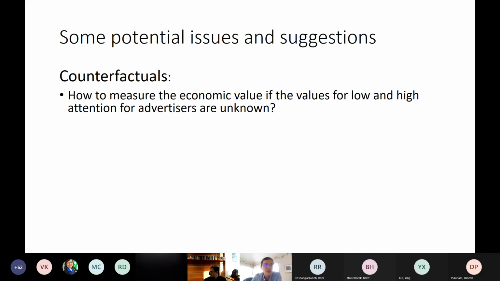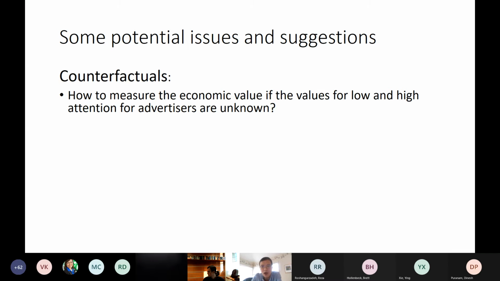Okay, the last thing I want to comment on is about the counterfactuals. The first question to me is, how can you measure the economic value if we don't know the value of low attention versus high attention for advertisers? So I don't think we can simply assume that all the value comes from high attention.